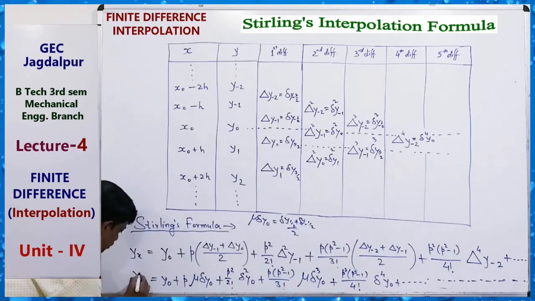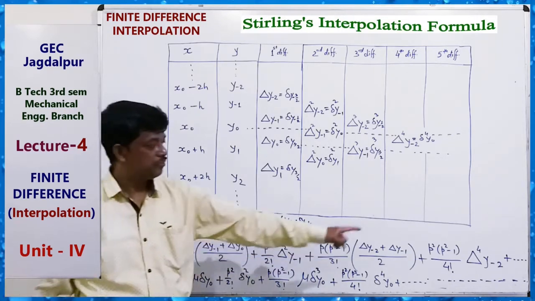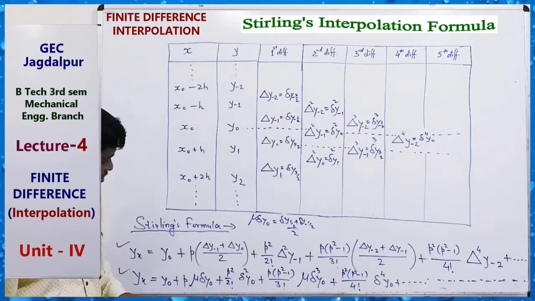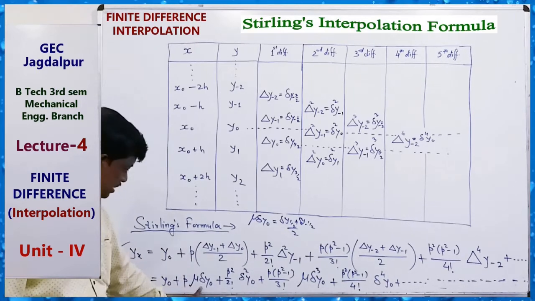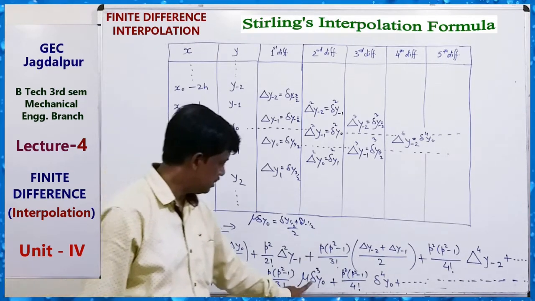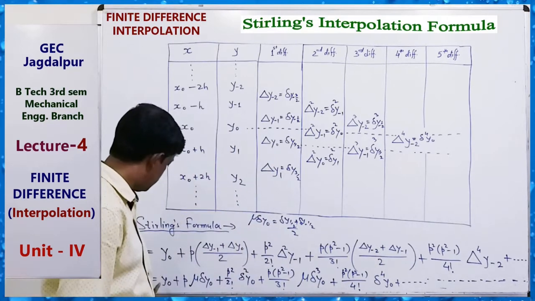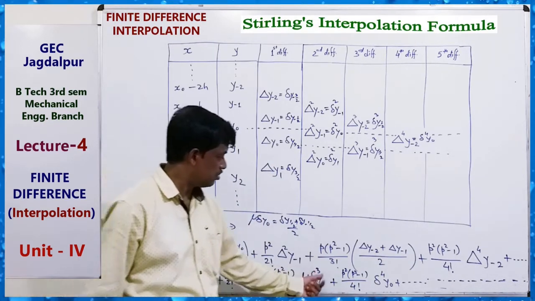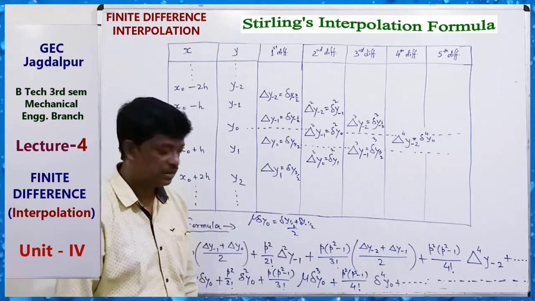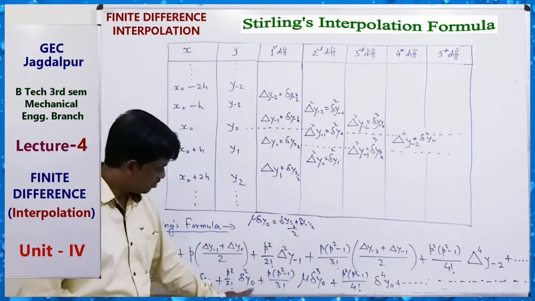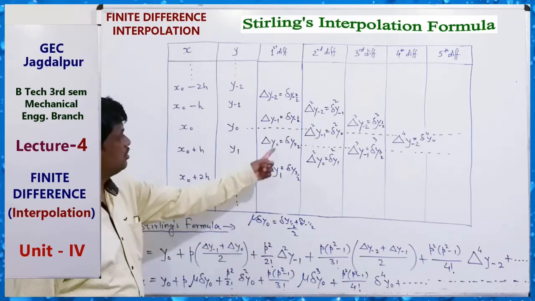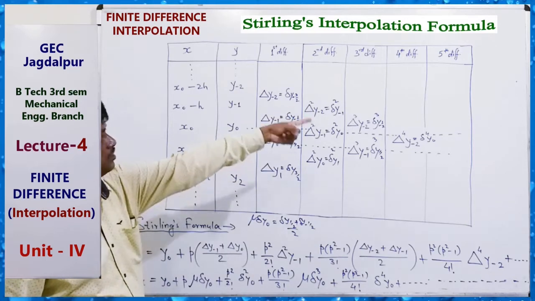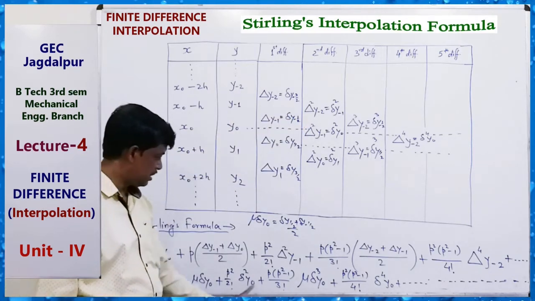So this is also a formula for the Stirling formula. This or this. This is in terms of the forward del operator. This is in terms of the central del operator. So here you can see that central del means y0, then first order, second order, third order, fourth order differences. The suffixes are 0, 0, 0, and for odd order differences, take the average.